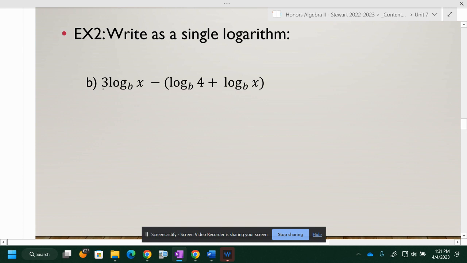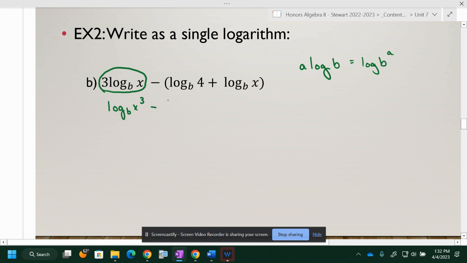One of the properties states that if I had a log b, then it's also the same as saying log b to the a exponent. So in this case, this is going to become log base b to the x cubed.